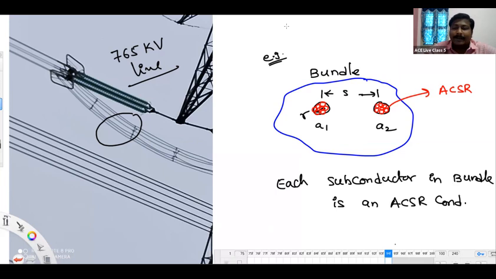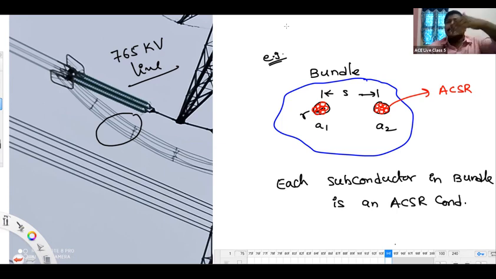Next, I have to move to capacitance calculation. Inductance calculation was over by this point. Now we should move on to the capacitance calculation. Before that, let us discuss GMR calculation of stranded conductors. Till now we said GMR of a solid conductor is R dash, simply 0.7788 R. But if it is stranded, how to calculate its GMR?